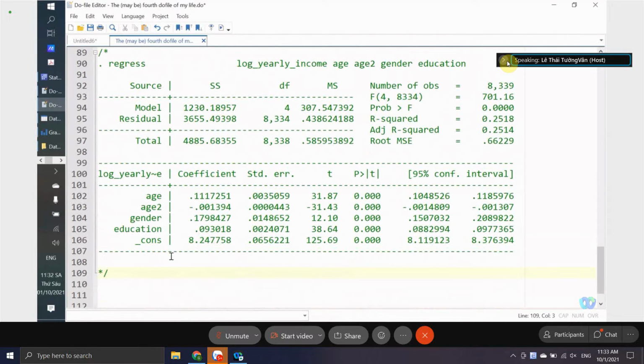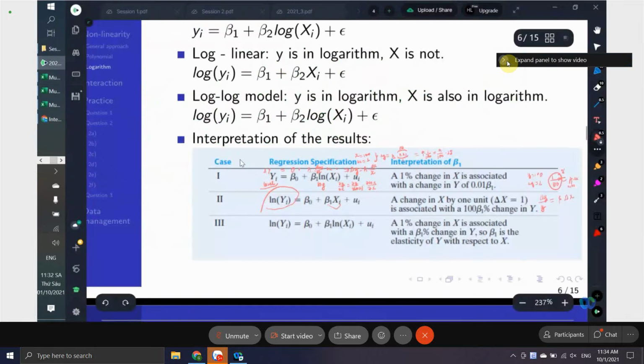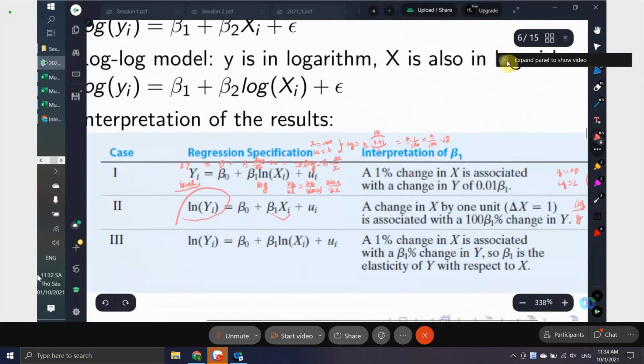So how can we interpret the impact of education, ladies and gentlemen?